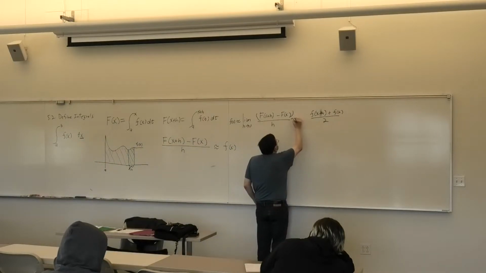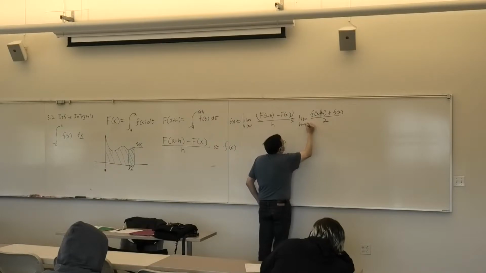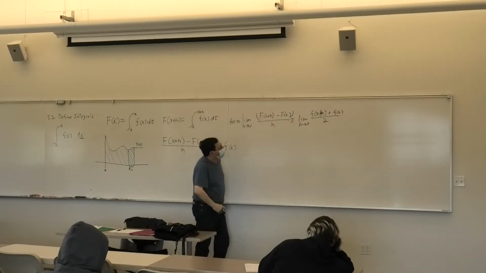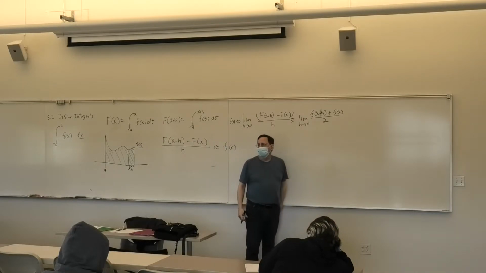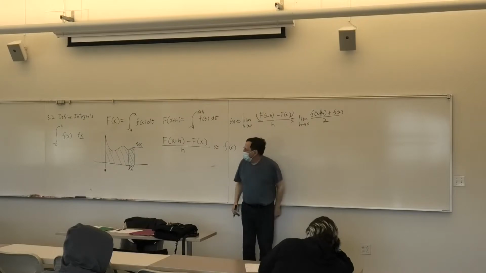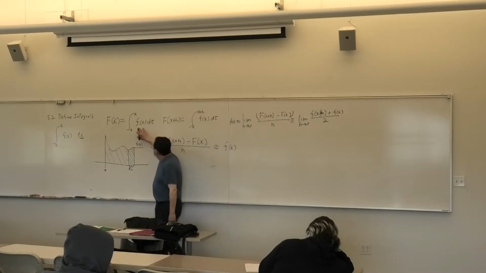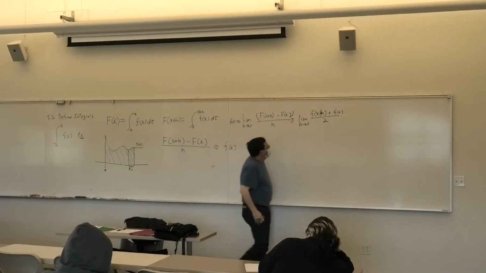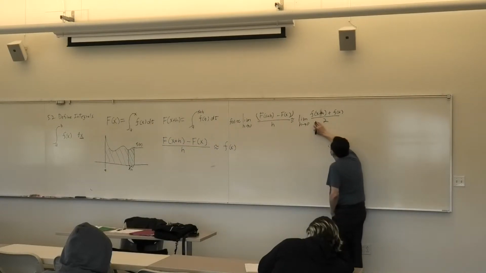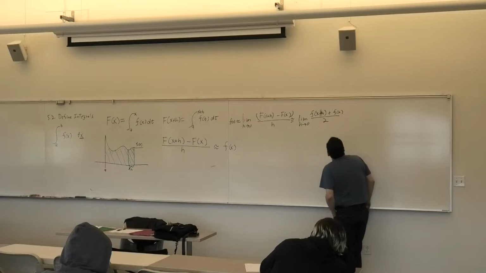But we can evaluate this. I mean, we start with the assumption that f of x is a continuous function. If it's continuous, its limit is the value at that location.